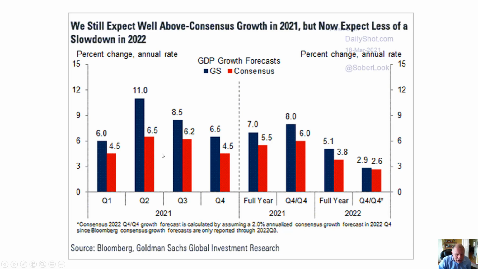So what we're seeing, this expected spending in the second and the third quarter, is the rebound. And we see it for the full year. And then we drop down into 22. And then as we drop down into the fourth quarter, we're down to that 2 to 3% growth. So these are broad ranges.